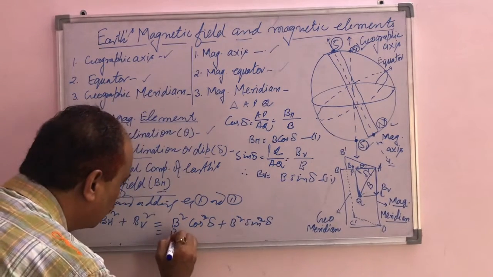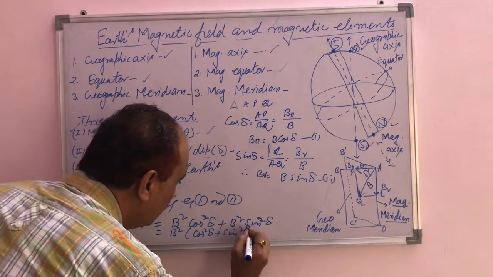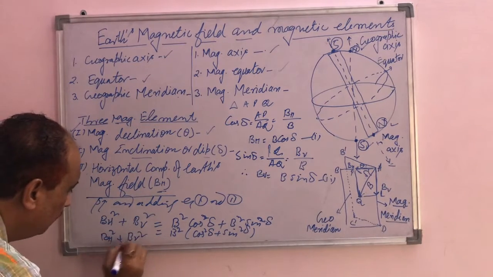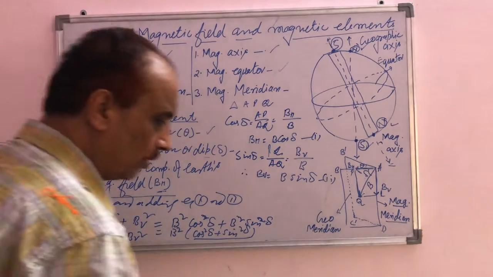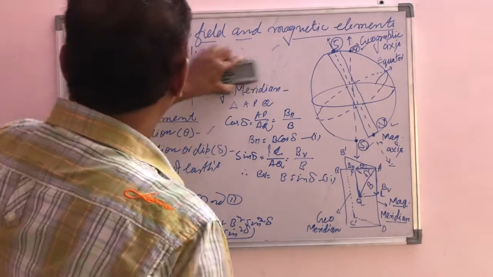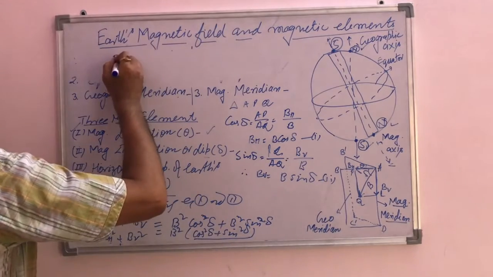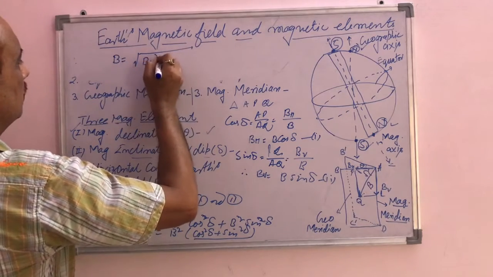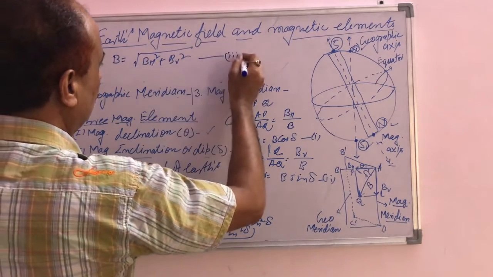Now taking B square common, we get cos square delta plus sin square delta, and this trigonometric identity is equal to 1. So BH square plus BV square equals B square. From this we can write the relation for the total Earth's magnetic field B: B is equal to the square root of BH square plus BV square. This is equation number 3.